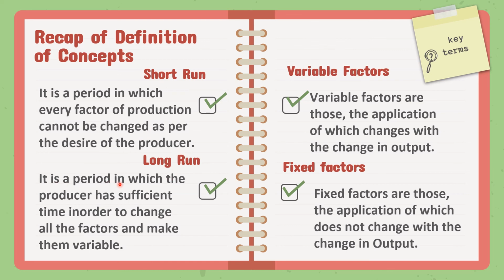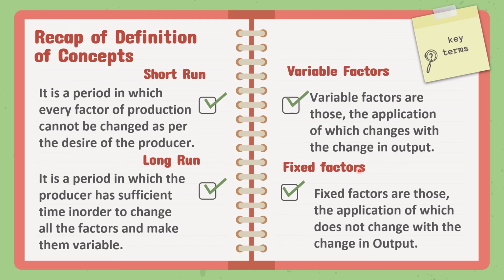It is a period in which the producer has sufficient time in order to change all the factors and make them variable, which means the scale of production is changing. What are variable factors? Variable factors are those the application of which changes with a change in output. It means that to bring about a change in output, we need to change the variable factor.